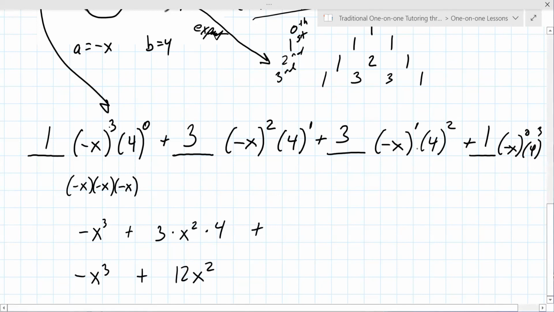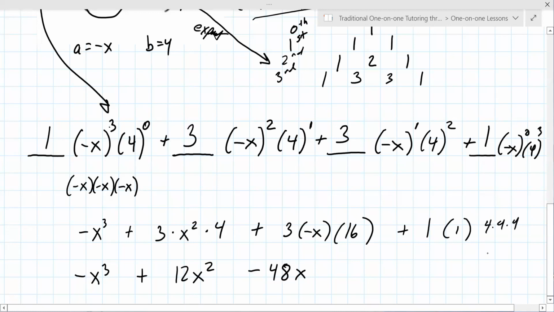It's plus again, 3 times negative x, and 4 squared is 16. We're on this third one here. So 3 times 16 is 48, and there's a negative x, minus 48x. And then the last one, negative x to the 0 power is 1. 4 to the power of 3 is 4 times 4 times 4, that's 64. So it just becomes plus 64.